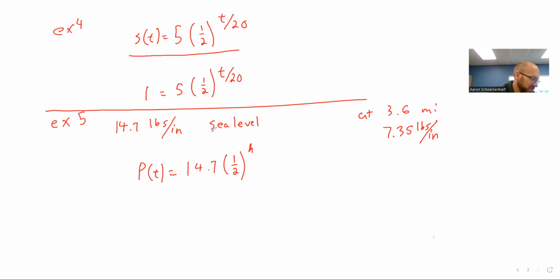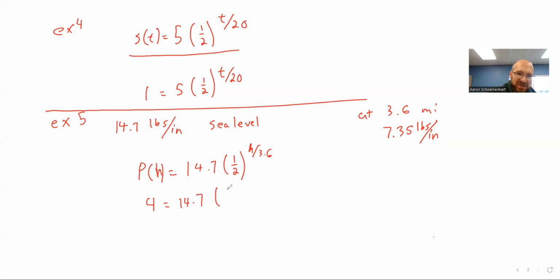H, or not P of T, I should do P of H. And because H is halving every 3.6 miles, I'm going to put 3.6 up here. So I want to know when it's 4.